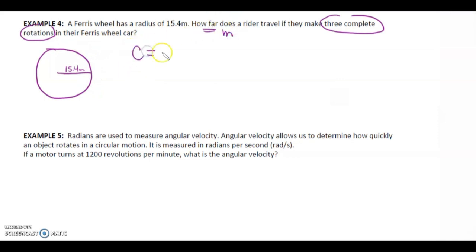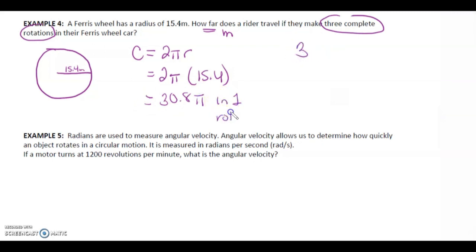So circumference equals 2 pi r. So 2 times, let's leave it as pi, and the radius is 15.4. Okay, so this is 30.8 pi. And that's in one rotation.